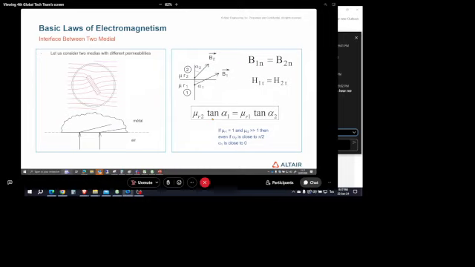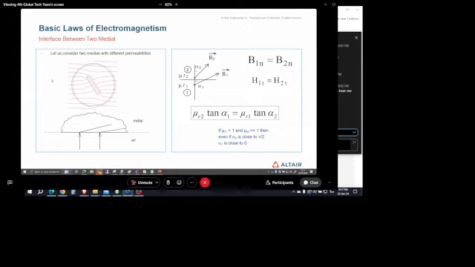Okay. So the other characteristic is the diffraction of the magnetic field. It's like refraction, actually.